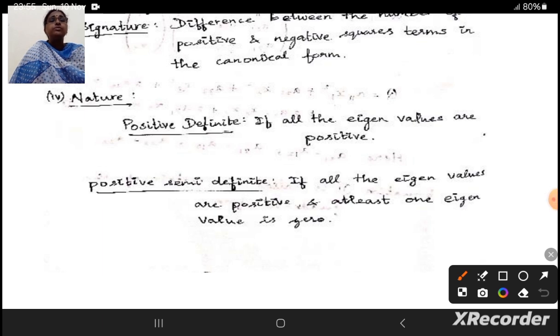Positive semi-definite: all the eigenvalues are positive and at least one of the eigenvalues is 0. For example, 0, 3, 5. So this is called positive semi-definite.